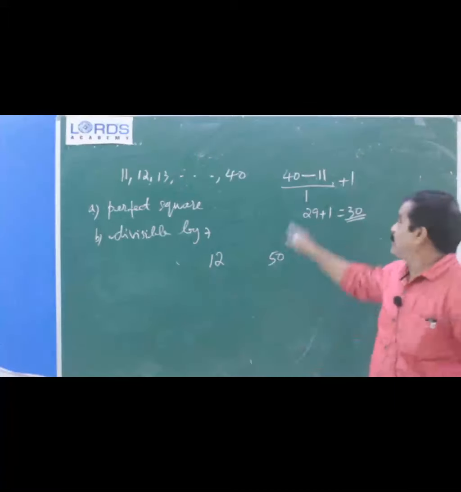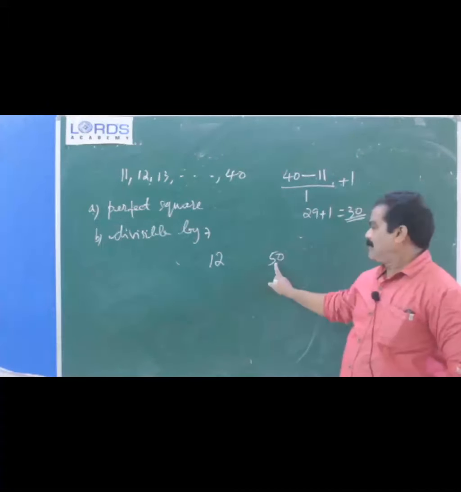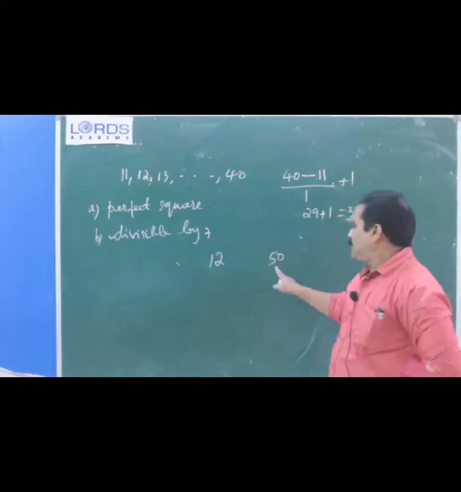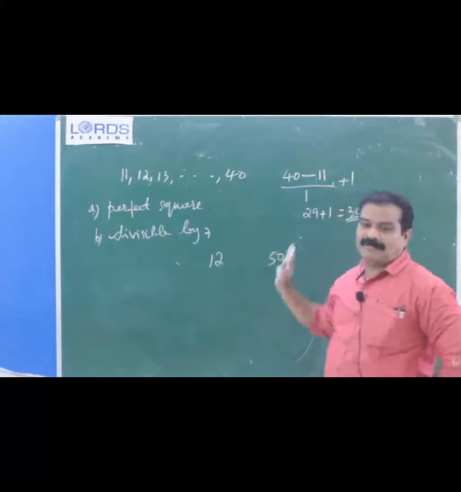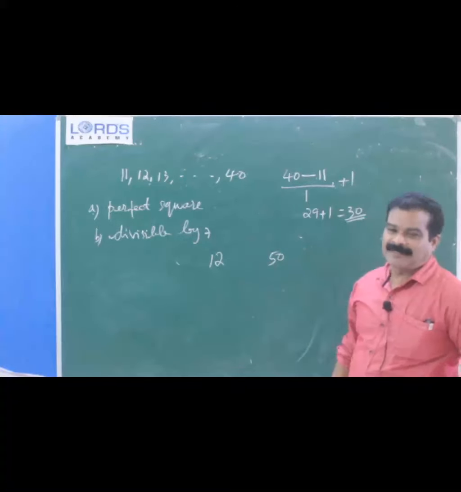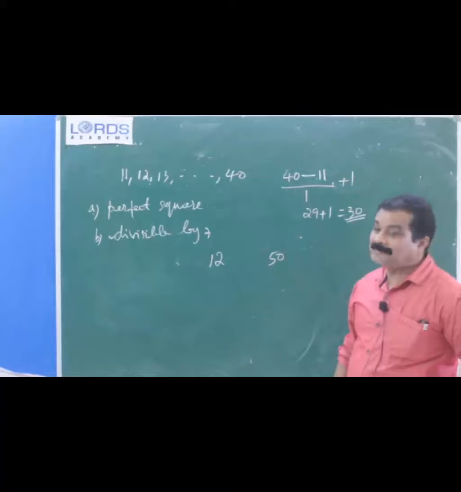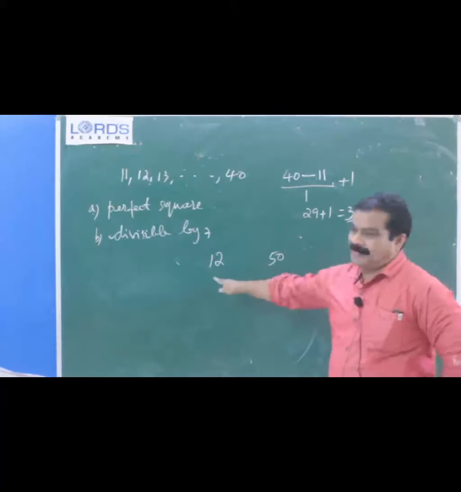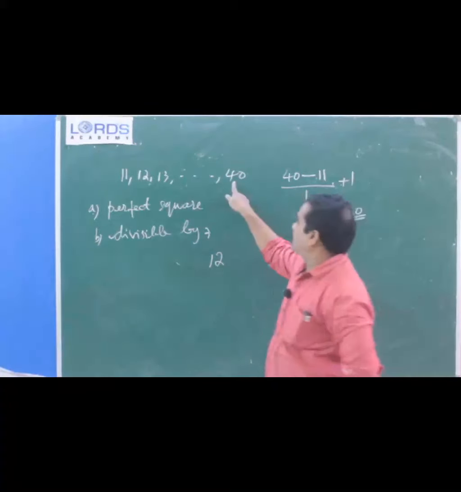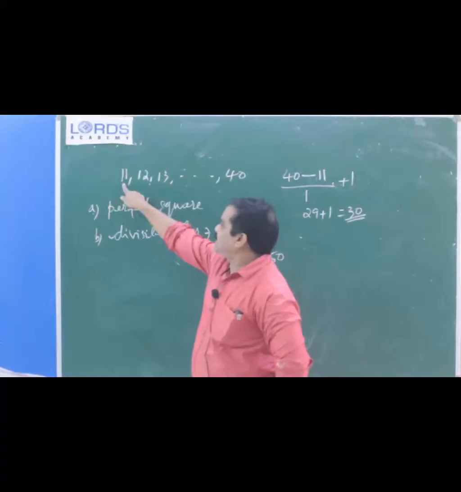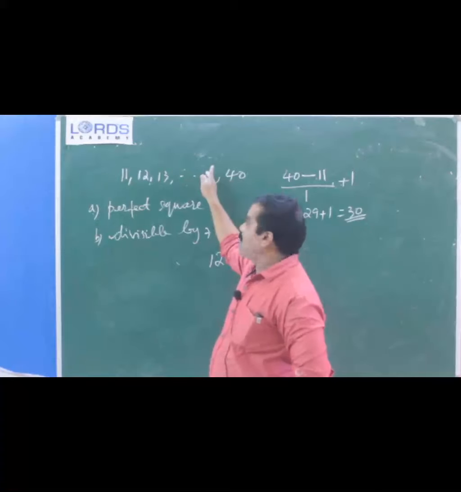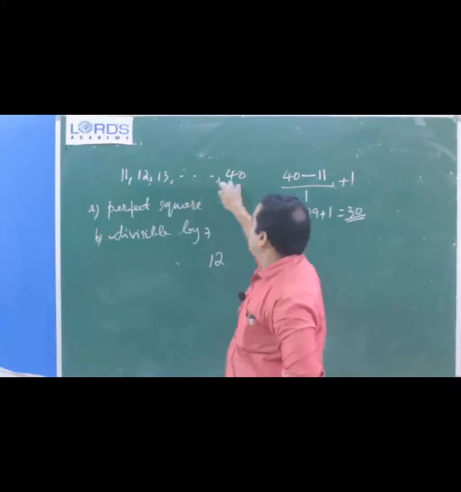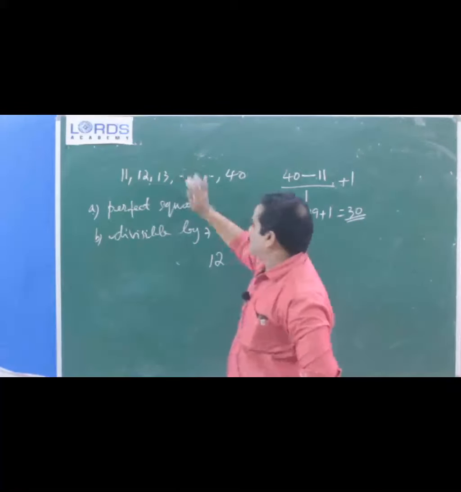Can you say, in this formula? 50 minus 12 plus 1, that will be the answer. Then how many numbers are there? 39. This principle you can take here. 40 minus 11, 29, plus 1. That will be the total number of numbers included in this series.